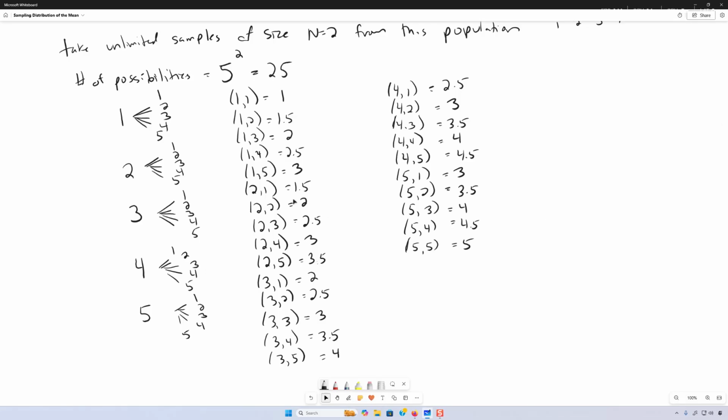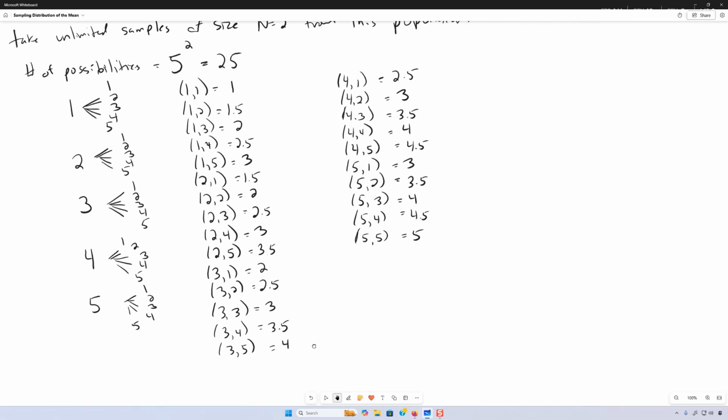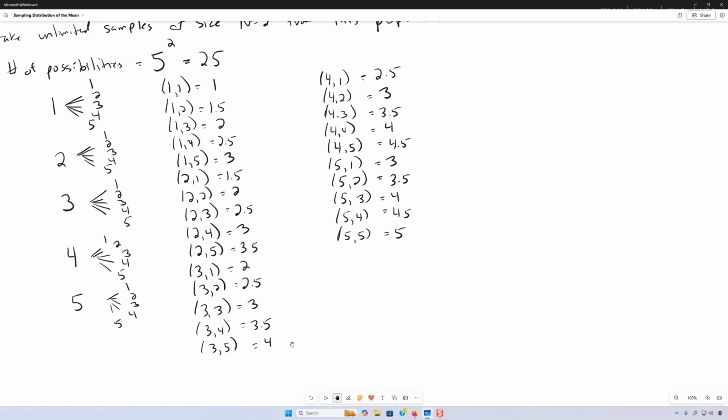Now we're going to plot them. We're going to make a histogram. This is literally the sampling distribution of the mean for size 2 for this population, the entire sampling distribution of the mean. So this is basically every possible sample mean plotted. And generally, this would reflect the situation if the null hypothesis is true.